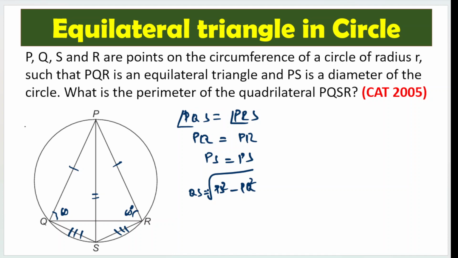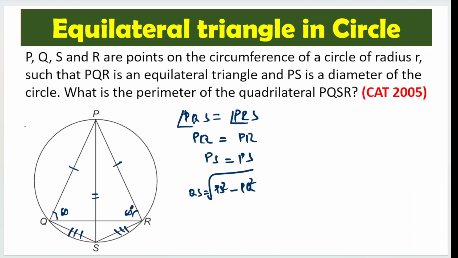All three sides are equal. So we can prove in multiple ways that these two triangles PQS and PRS are congruent. The same hypotenuse and same side. The third side is also the same because these two are right angle triangles. Now we are sure that these two are congruent.